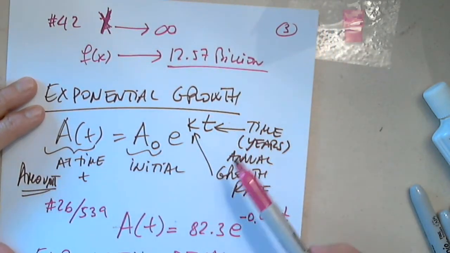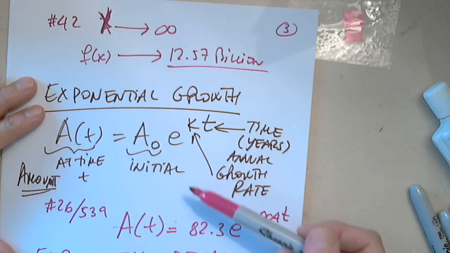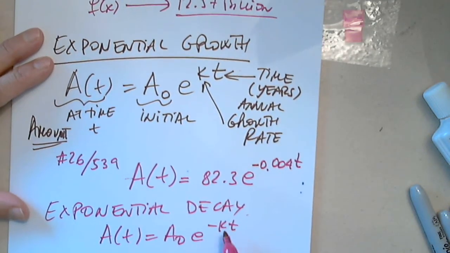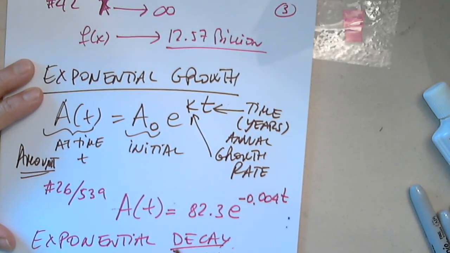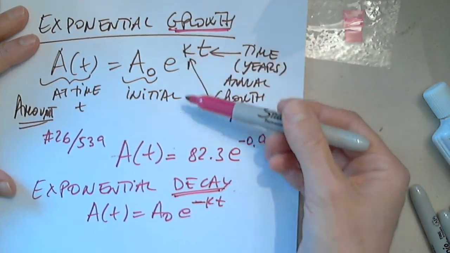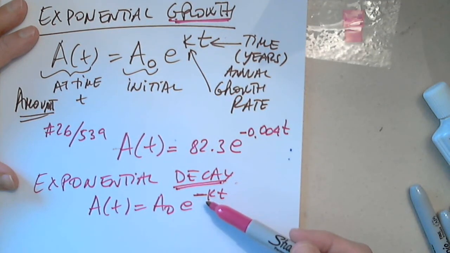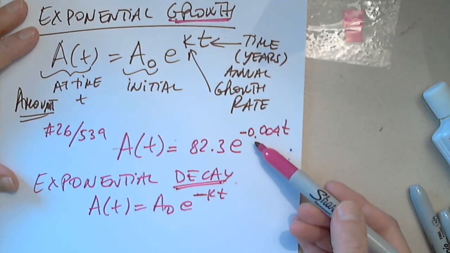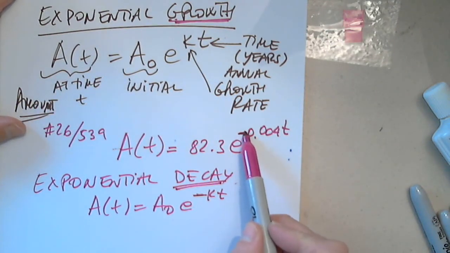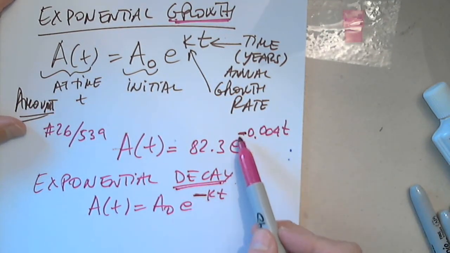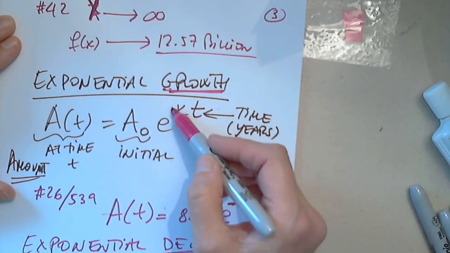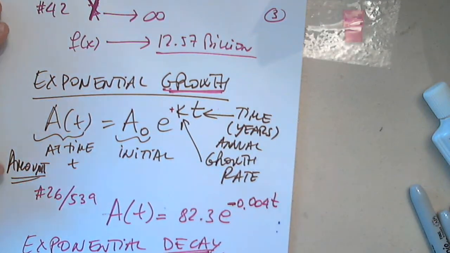Everything is the same: the initial, e, k, t, and A. The only difference between exponential decay and exponential growth is the sign in front of k. Since this one has a negative in front of it, it's an exponential decay. We're going to find another one with a plus in front, and practice that.